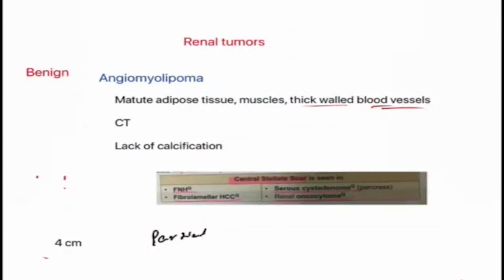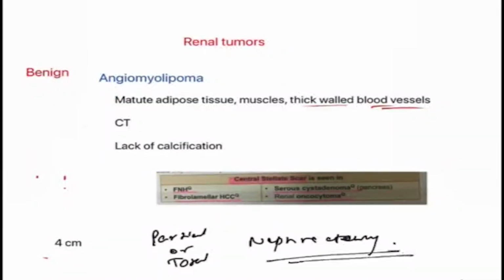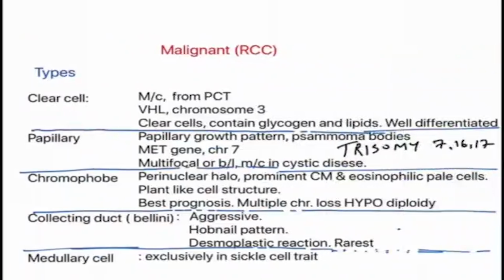So what is the surgical intervention? Partial or total nephrectomy. That means the involved portion of the kidney, or if the tumor is large, more than 4 cm, then total nephrectomy is done.